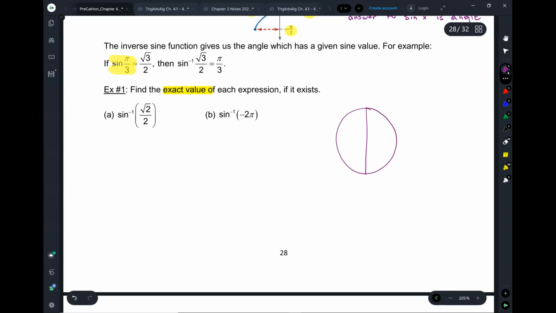The only angles that are included in this realm of inverse sine are the ones on the right, so from negative pi over 2 to 0 to pi over 2. And again, these were pi over 3, pi over 4, pi over 6, and so on.